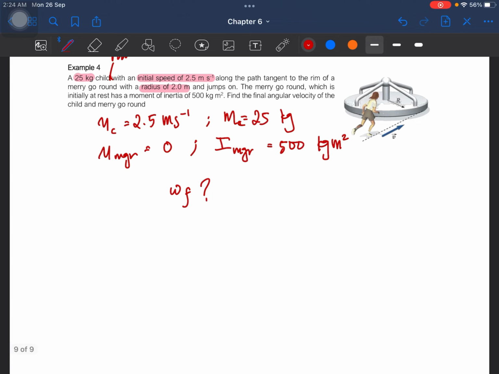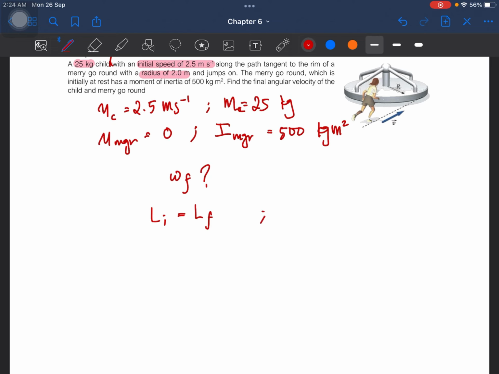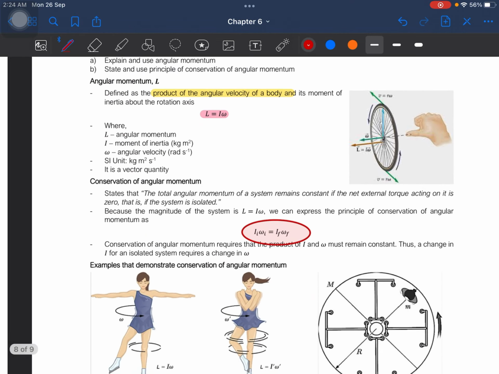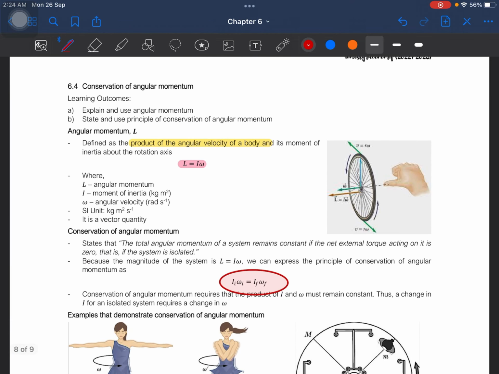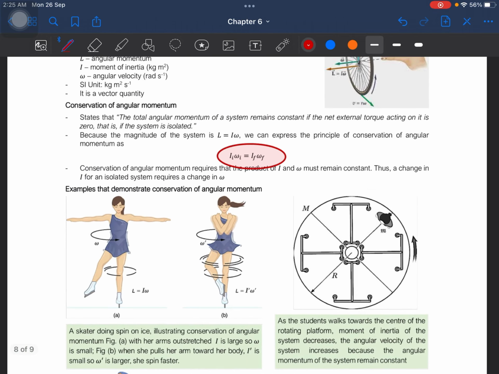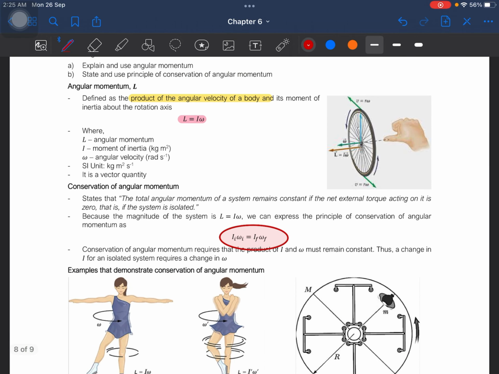Okay, so for this type of question, we need to apply the conservation of angular momentum, where angular momentum is equal to mRv. I need to add something here.